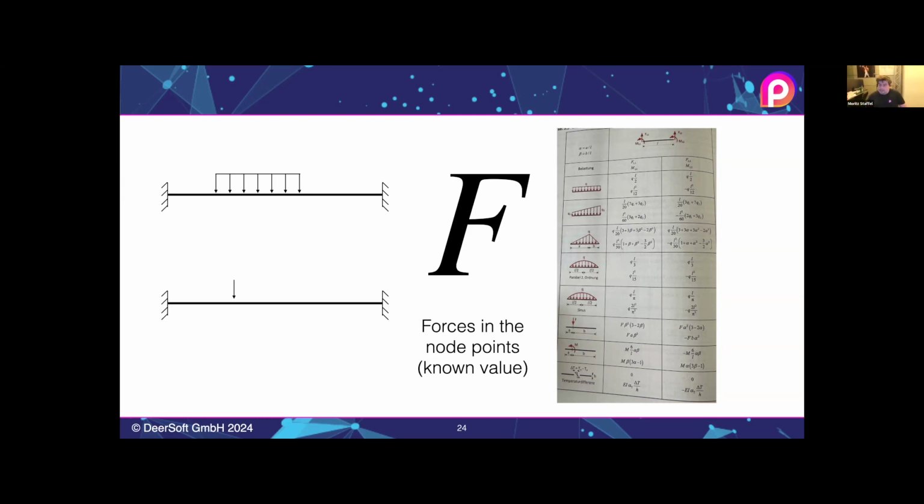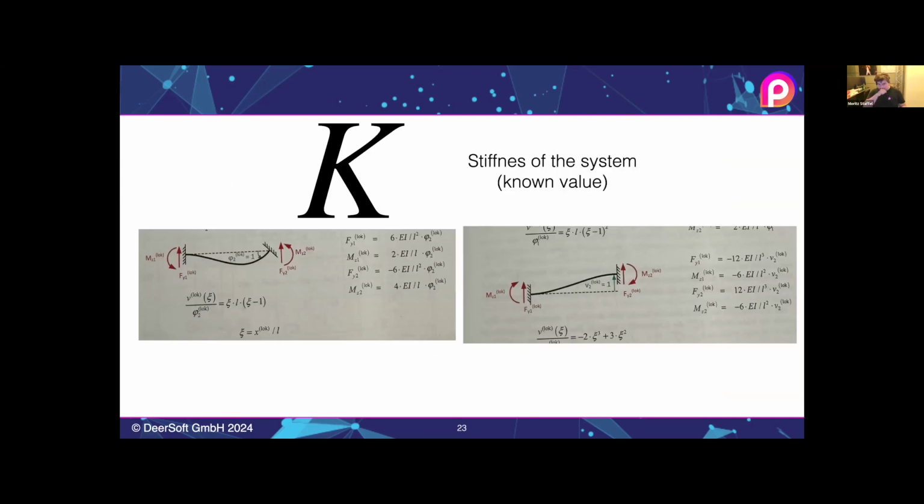So Production Assist calculates for every load how it is added to the left and to the right load. The thing that is missing in your hand calculation, because it's not needed, is the calculation of the stiffness system.